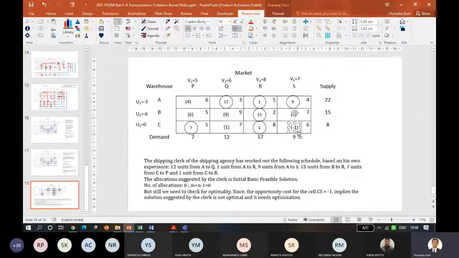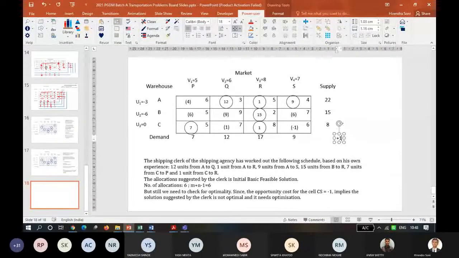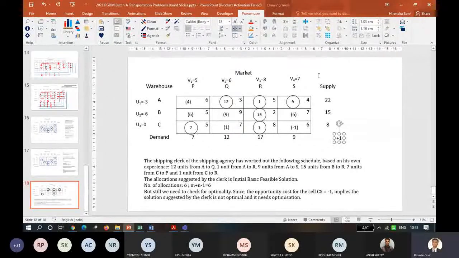We will assume an allocation. Correct? And we'll place it in the cell bearing that negative value. बाकी किसी में भी negative value नहीं है ना, सिर्फ ये एक ही है. And from here we will start formulating our loop. So +1.